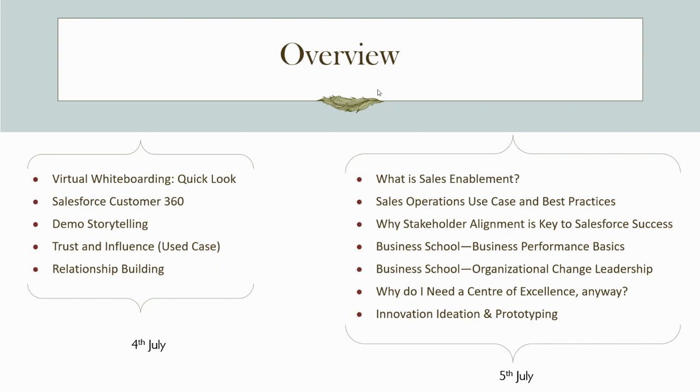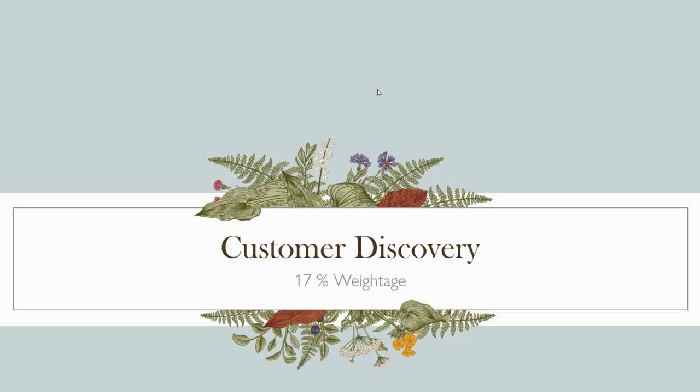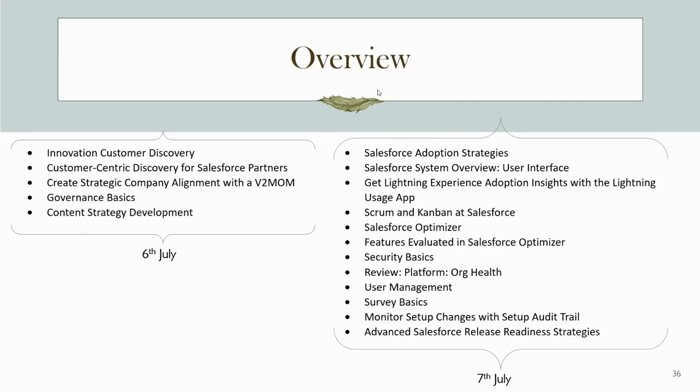We also talked about centers of excellence and why we need them, as well as prototyping, innovations, and ideation. From today we discussed customer discovery, how to discover the customer and build a customer-centric discovery with different kinds of models.